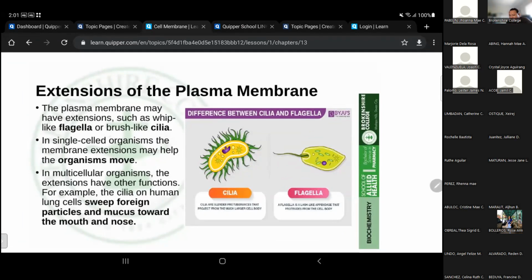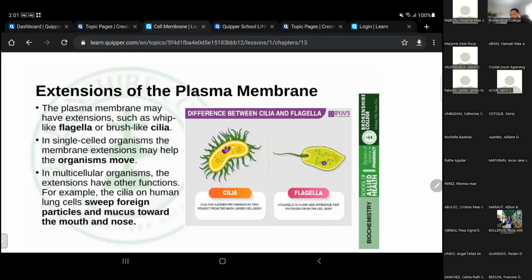We have your flagella and as well we have your cilia. Always remember that they differ especially in length. The length of the flagella is greater than cilia. Okay, so in single-celled organisms, the membrane extension may help the organism to move, no?